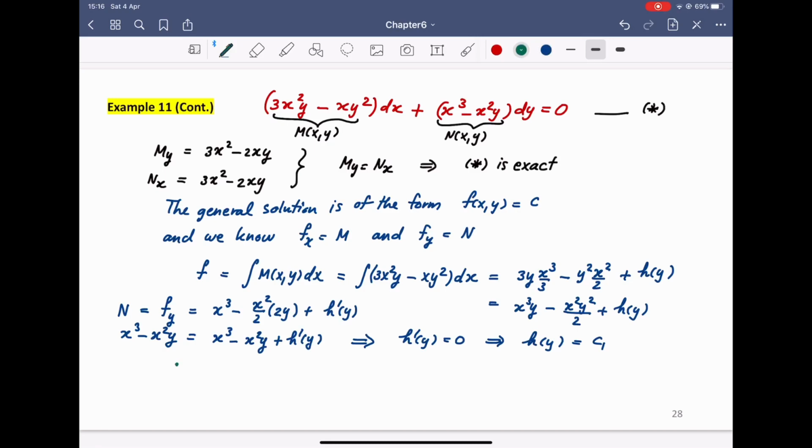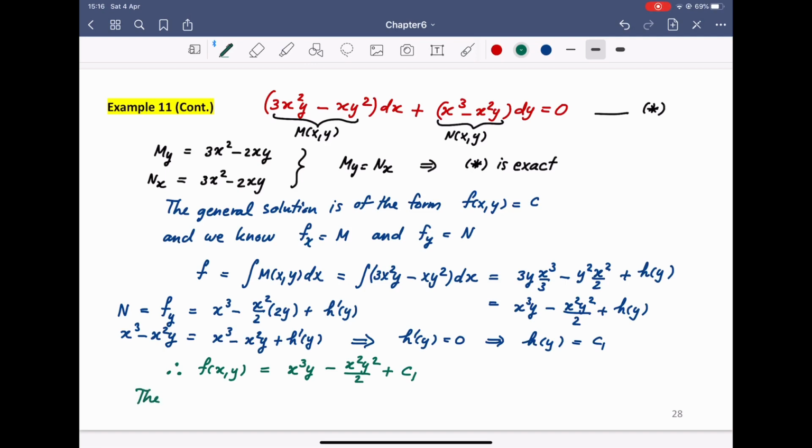So we have everything here. We put them all together. We're going to have f(x,y) equal to x cubed y minus x squared y squared over 2 plus a constant c1, right?